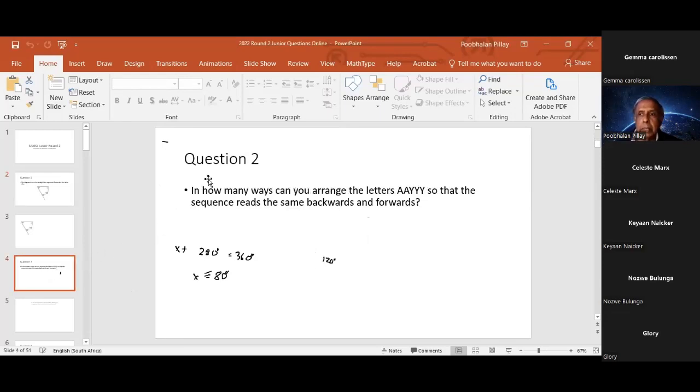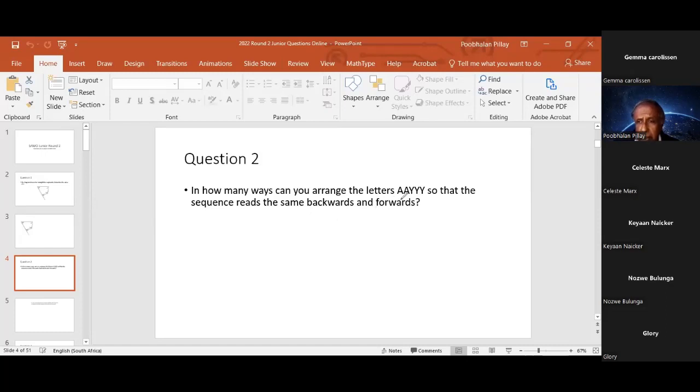Okay, let's get on to question 2. In how many ways can you arrange the letters A, A, Y, Y, Y so that the sequence reads the same backwards and forwards? All right, now, how does one go around doing this? Well, it's a 5-letter word, so it'll be useful to know what the middle one is.